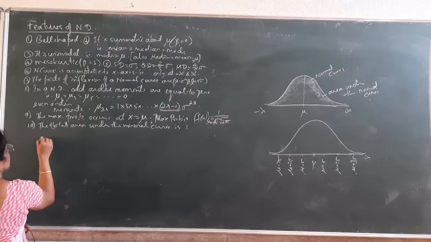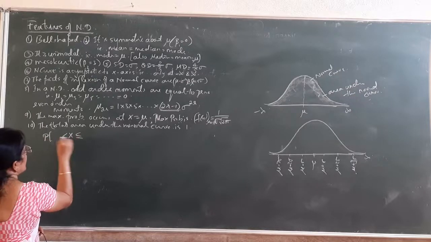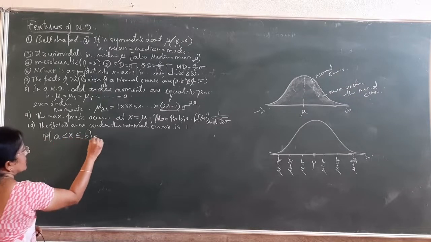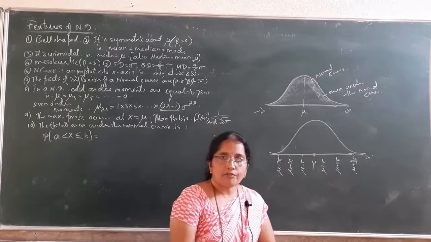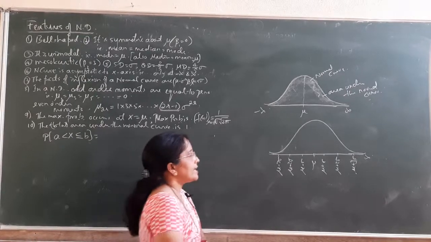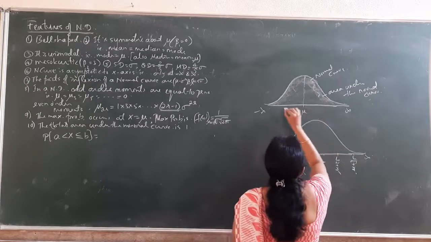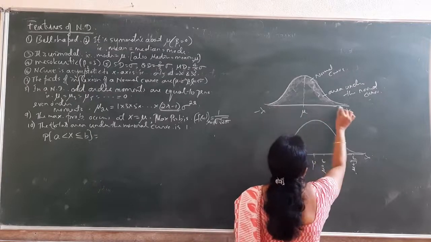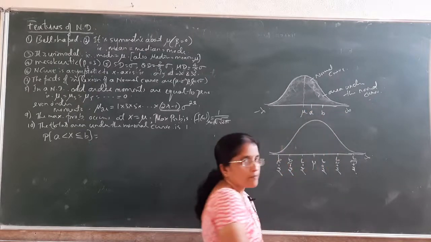That is, the probability of x lies between A and B. It can be represented in a curve like this. Now let us consider A and B along the x axis. I am going to consider A here and B here.